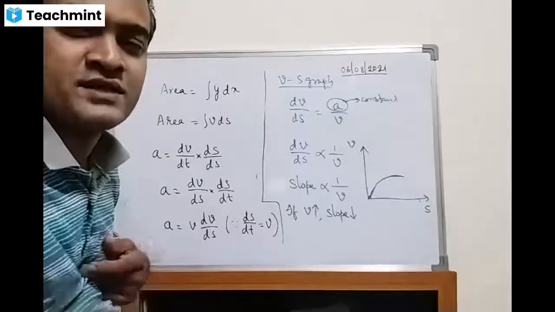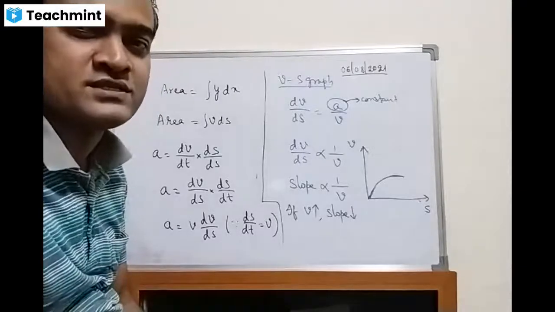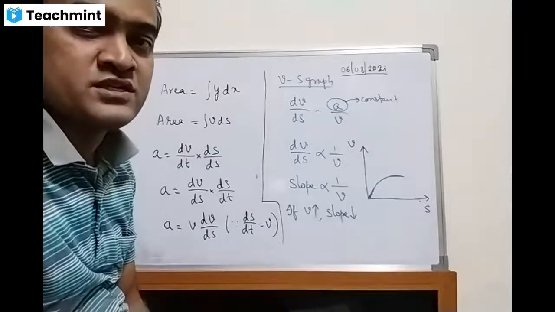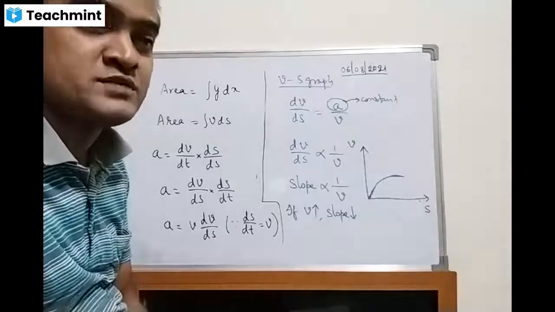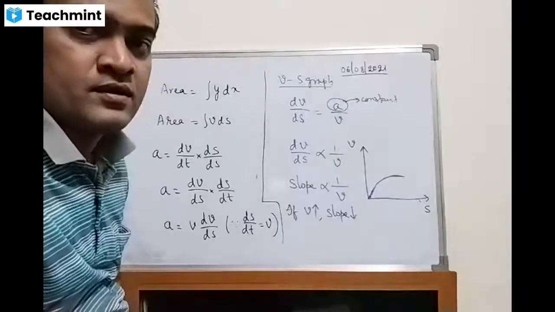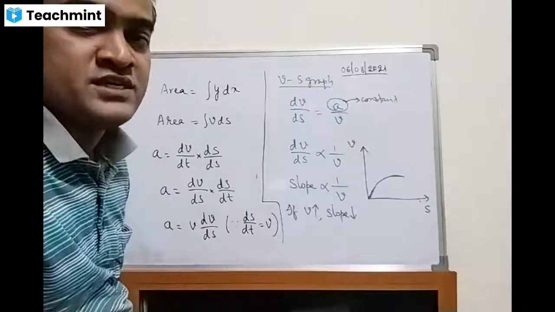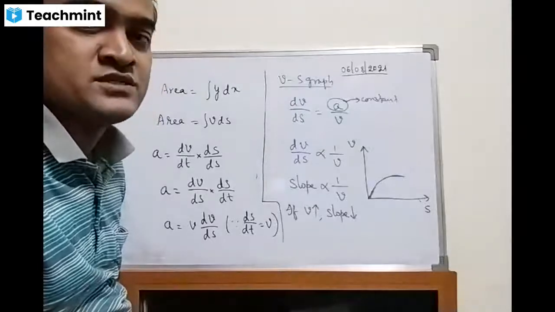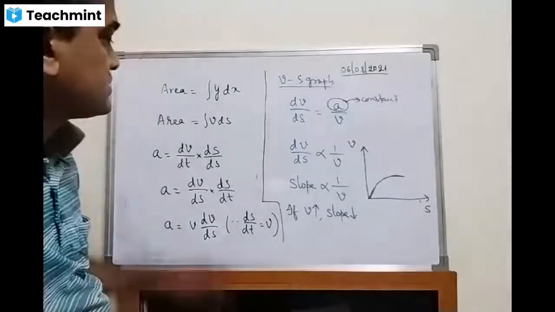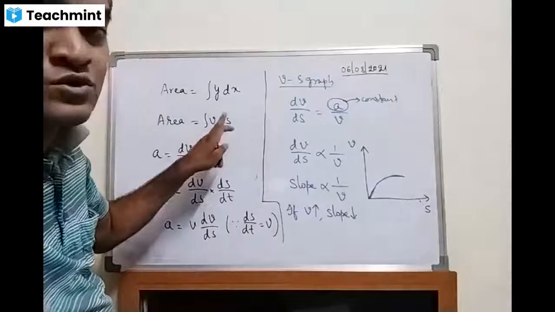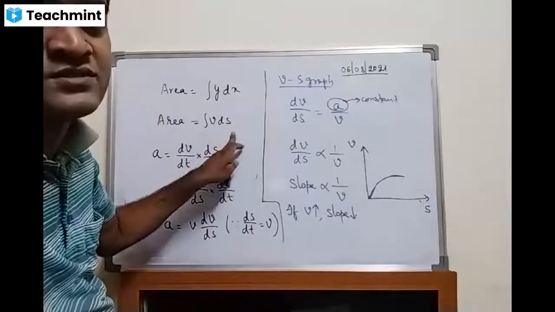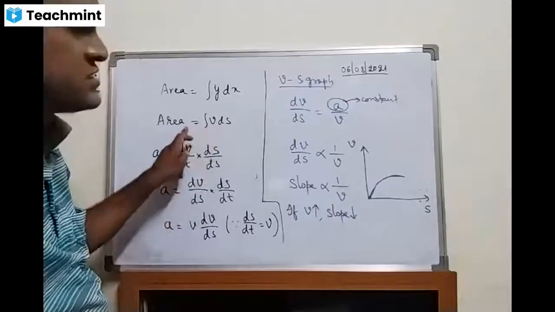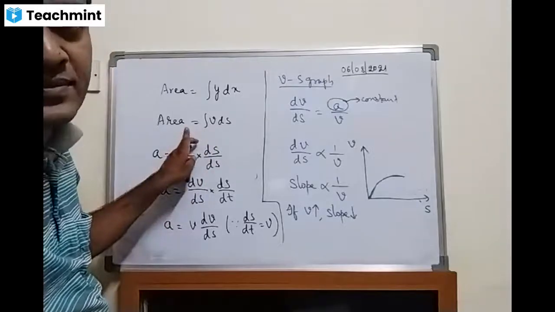You won't get anything. Velocity is equal to displacement by time. Then displacement is equal to velocity into time. So that means area also has no significance. Area ki significance లేదు ఇక్కడ.